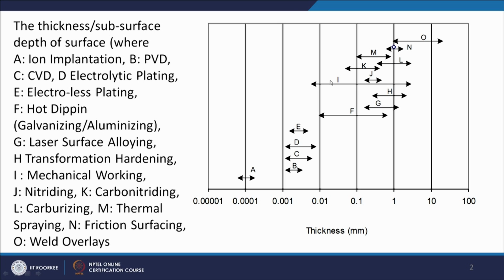I is for mechanical working, which has a very wide range depending upon the process being used. Then J is for laser nitriding, N is for friction surfacing and O is for weld overlays. So the thickest layer of surface modification is possible through weld surfacing, and the thinnest one is for ion implantation.